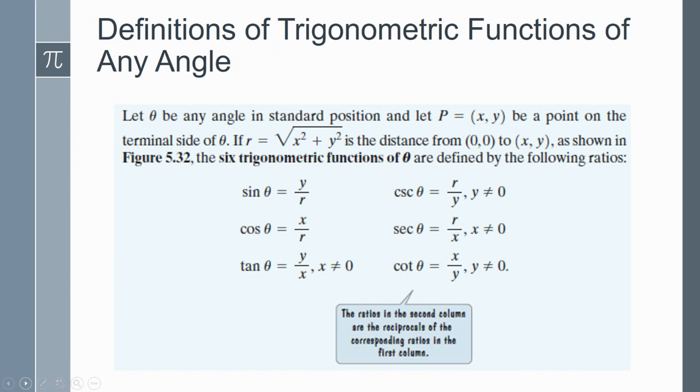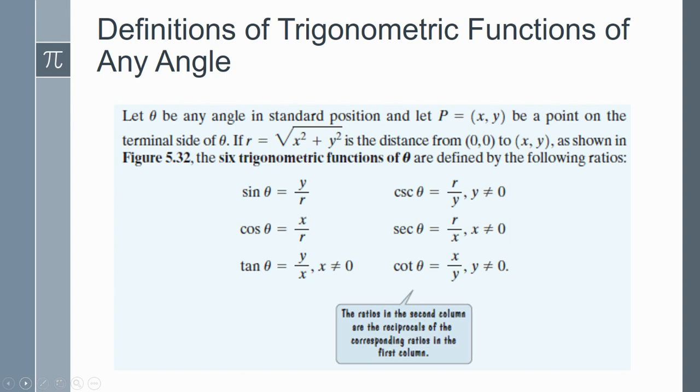All right, definitions of trigonometric functions of any angle. So remember, when we're thinking about right triangles, we're thinking about the Pythagorean theorem. And when we're talking specifically about a coordinate system with points, we're thinking about connecting the Pythagorean theorem to the distance formula. So it says, let theta be any angle in standard position and let the point P, the ordered pair xy, be a point on the terminal side of theta.